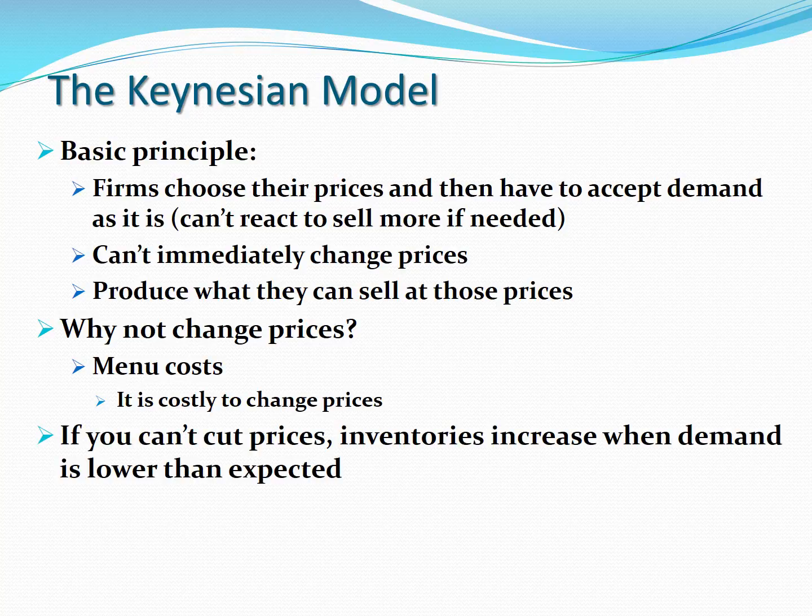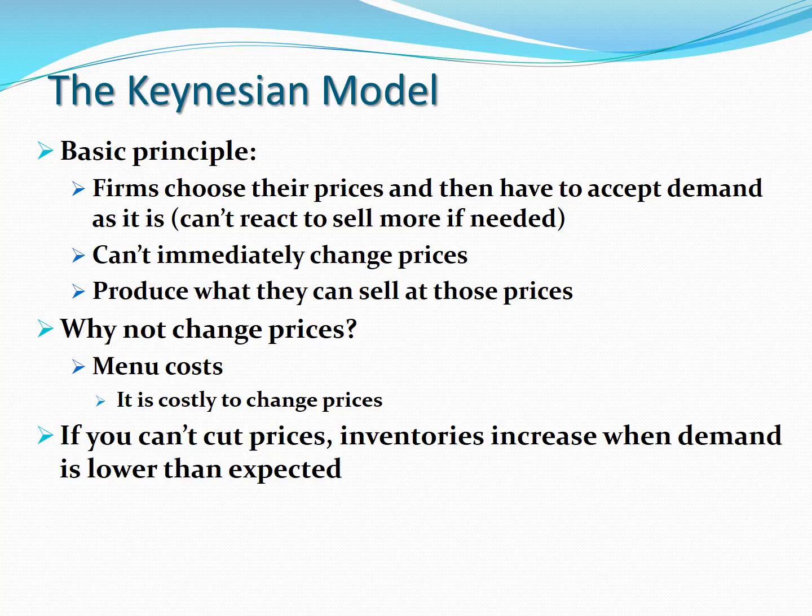So then what happens if you can't cut prices and you're not going to sell everything that you produce? Then this opens the door up for inventory adjustments. So inventories, I'm sure you're probably familiar with that, but you can imagine a warehouse where businesses are keeping any excess items that they didn't sell.